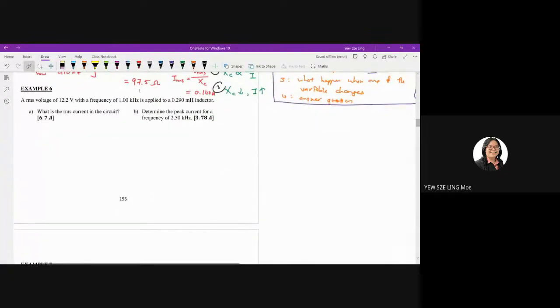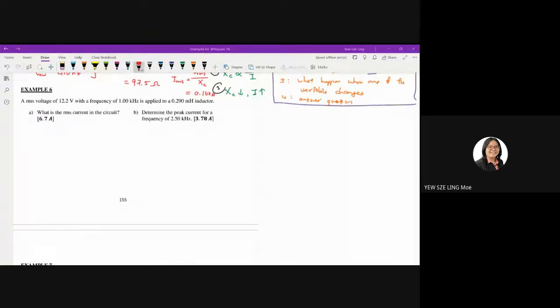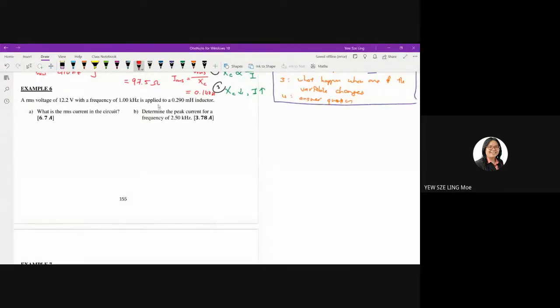Now, example 6. You're given an RMS voltage of 12.2 volt with a frequency of 1 kilohertz, applied to a 0.29 millihenry inductor.